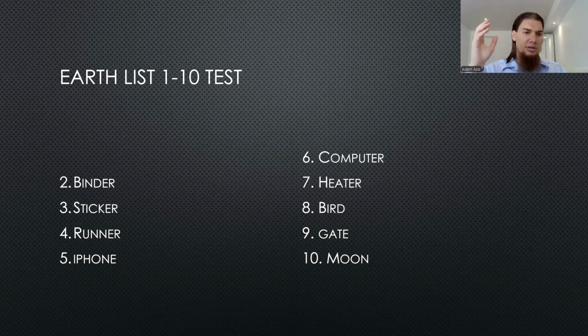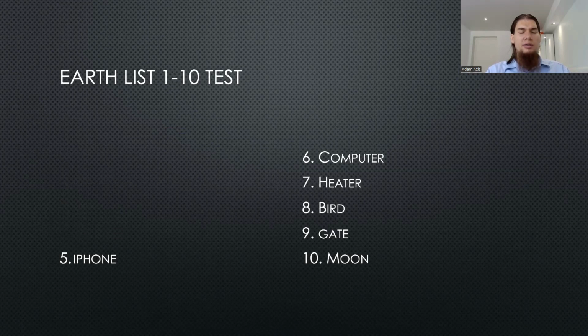Now, in the next segment, I'll share with you the visualization that I use, so maybe it'll help you in your implementation of this strategy. Number 2 is binder. Number 3 is sticker. Number 4 is runner. Number 5 is iPhone.